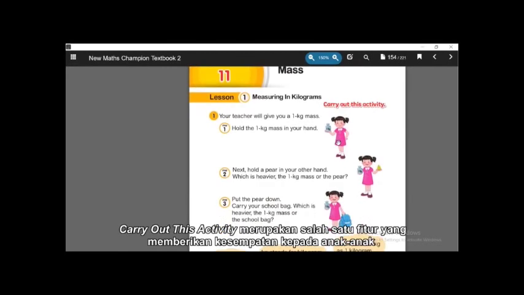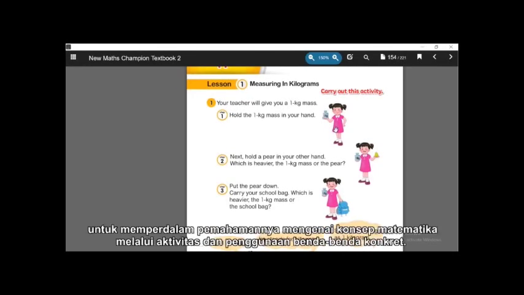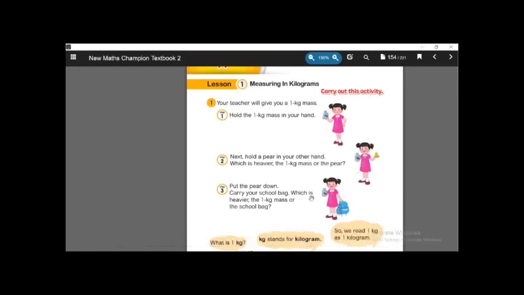Carry Out This Activity provides the opportunity for the kids to consolidate mathematical concepts through activities, of course, and the use of concrete materials. In this case, we can learn about 1 kilogram mass, and we compare 1 kilogram mass with fruits, in this case a pear, and also another object, that is a bag.